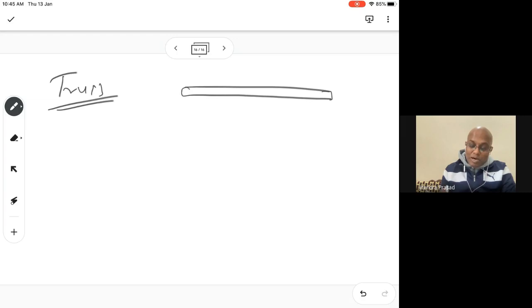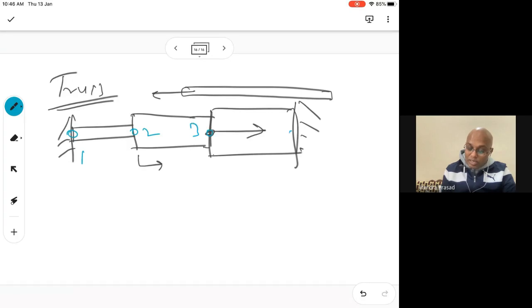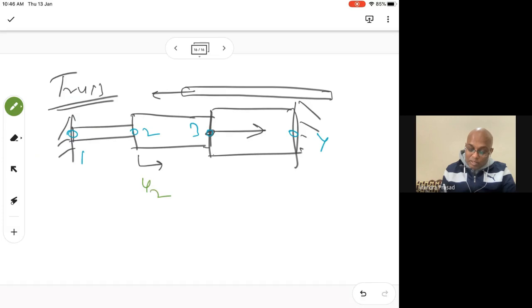We have been learning, if there is a bar and you have a linear system like this, then we can solve it. We can fix 1 point or fix 2 points, then apply a force here and find out the displacement. Let's say you call it node 1, 2, 3, and 4, and F2 is given.